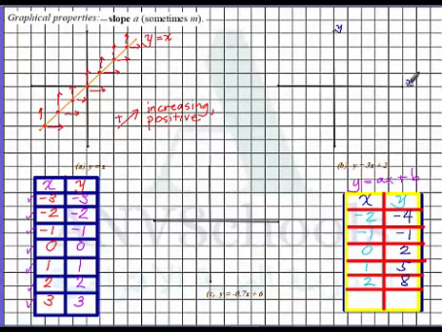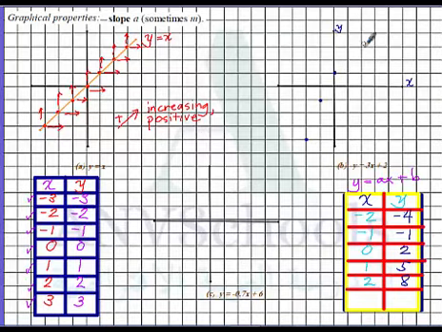We have -2 and -4. So we have 1, 2, and 1, 2, 3, 4. So it would be here. We have -1 and -1. So it would be here. We have 0 and 2. So it would be here. We have 1 and 5.